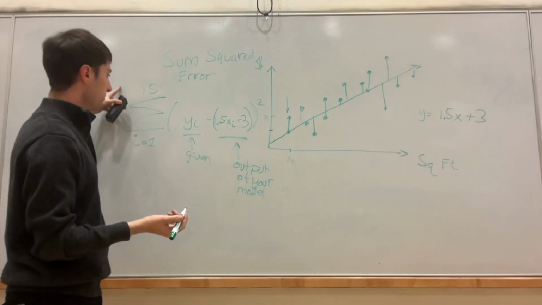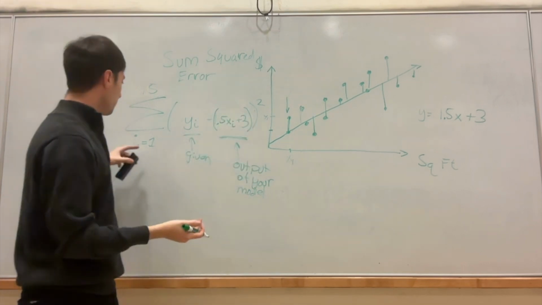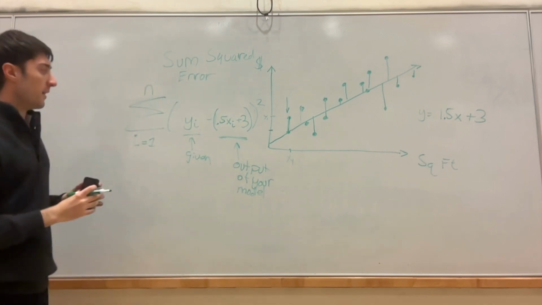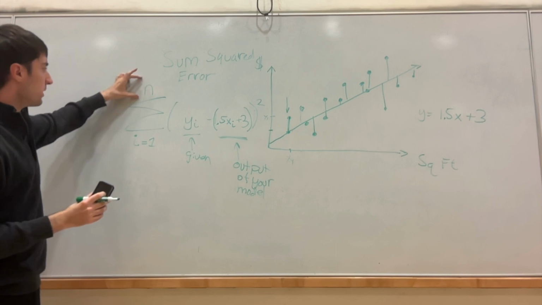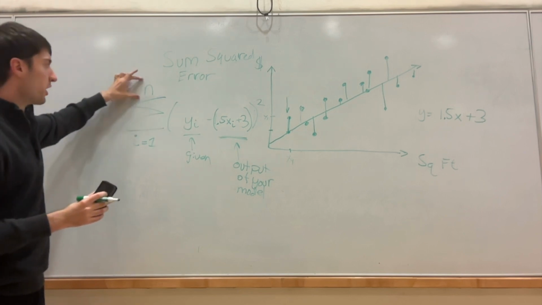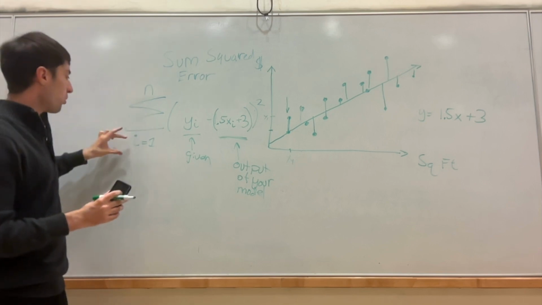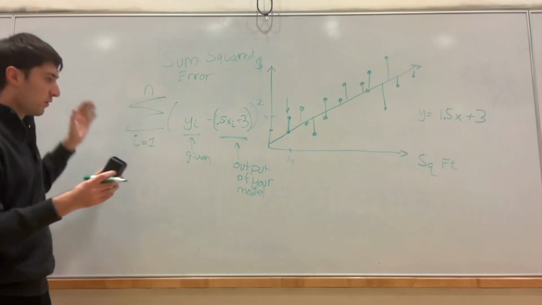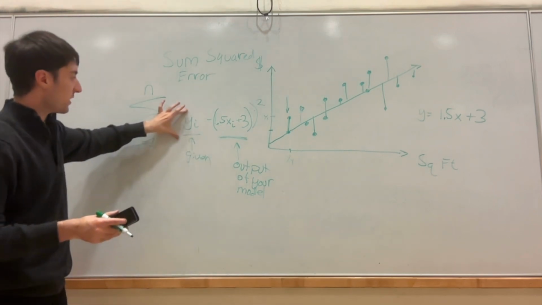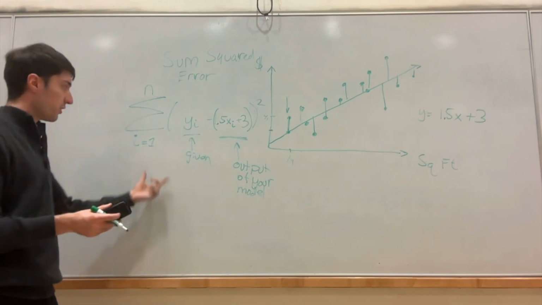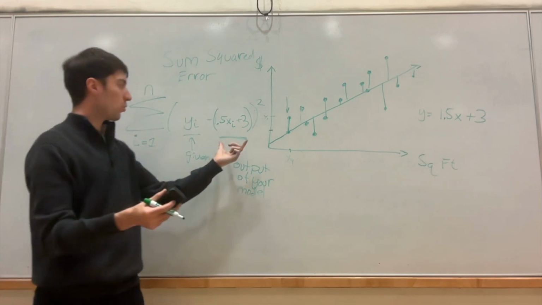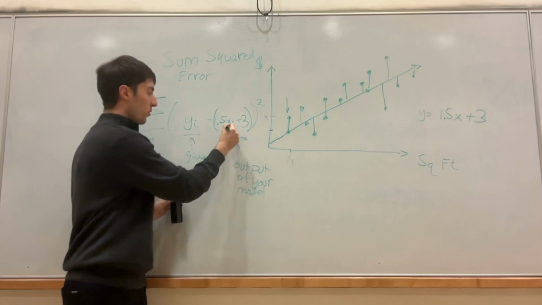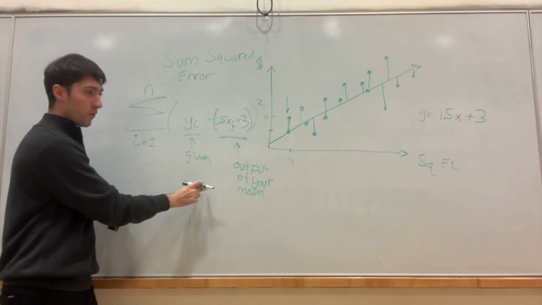So we just do a for loop, and for each iteration, in this case it was 15, but we can generalize it to n, and n in this case means the number of training points, okay? So we just do a for loop from the first training point to the last training point, and in each iteration, we take the actual value, which was given to us, and subtract what our model says the output should be given the input parameter of the associated iteration.